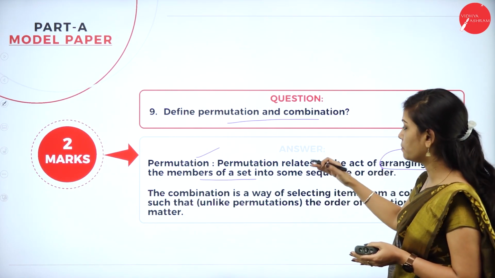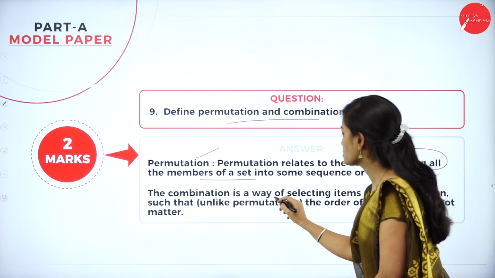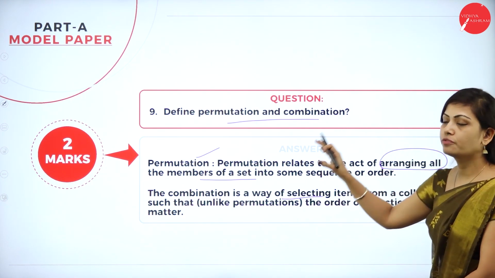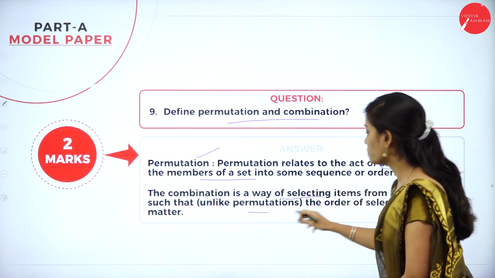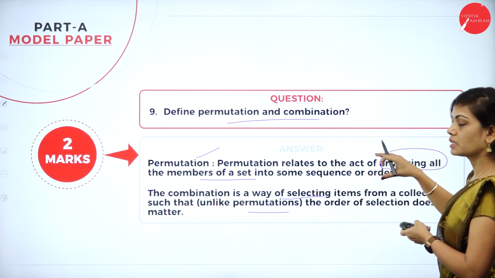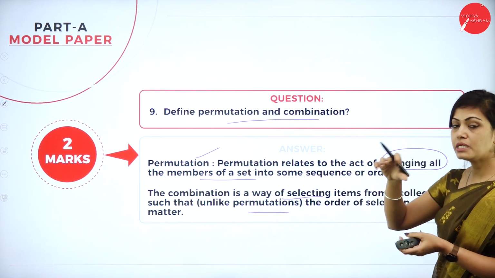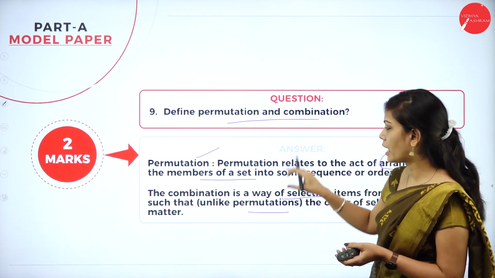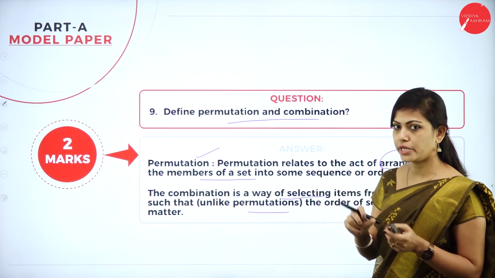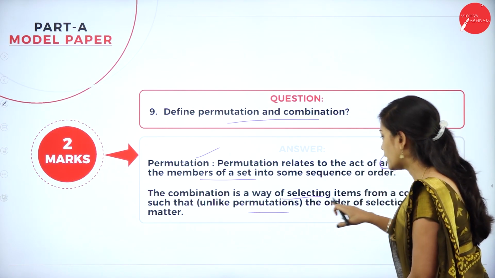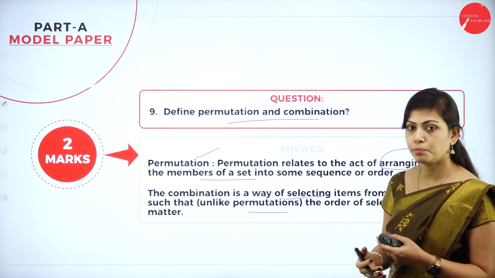Arrangement matters in permutation, and combination is a way of selecting items from a collection, unlike permutations. So in permutation we are arranging the set of elements in some sequence of order. Arrangement matters in a permutation. And combination is a way of selecting items from the given collection.